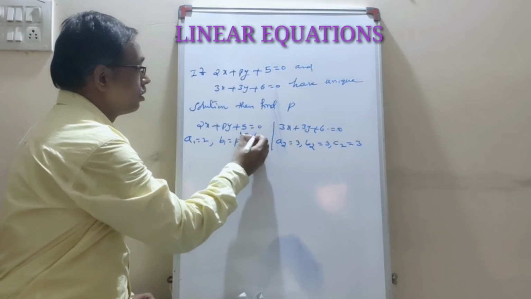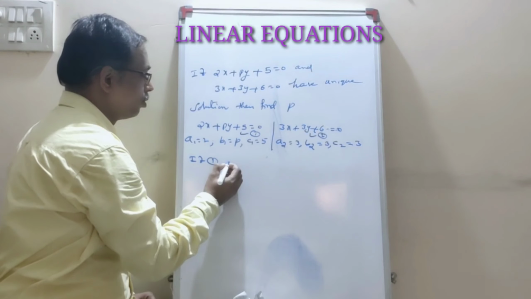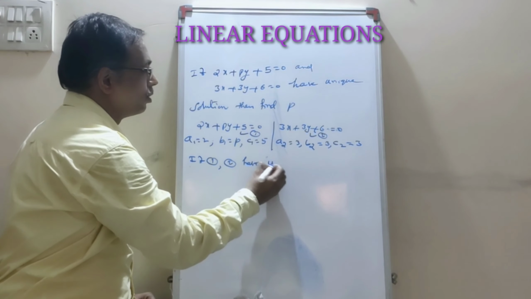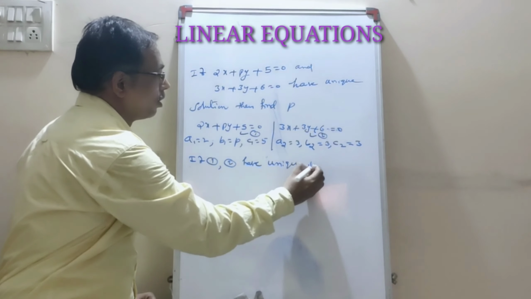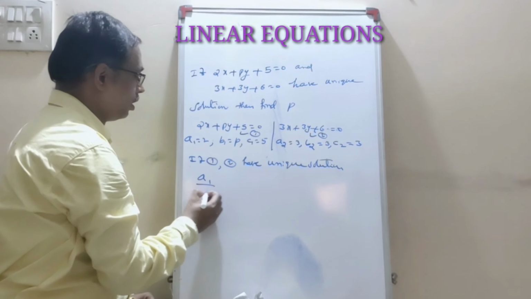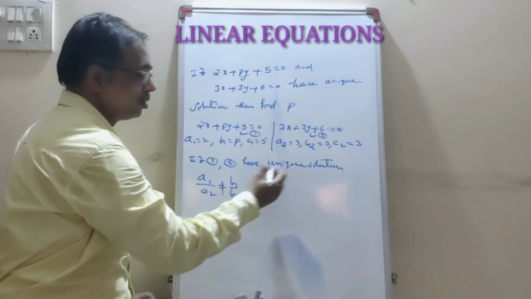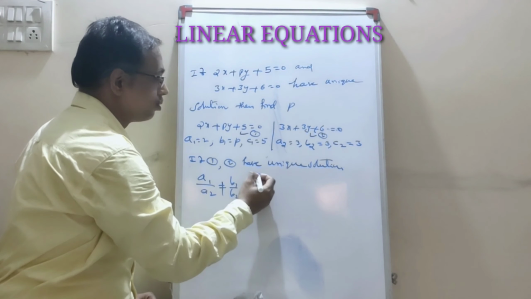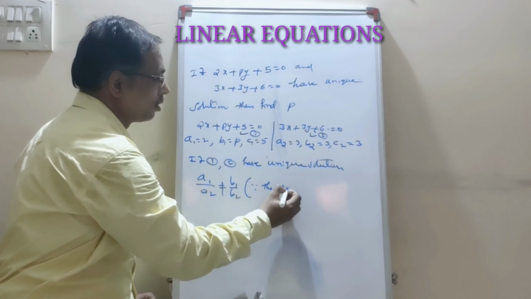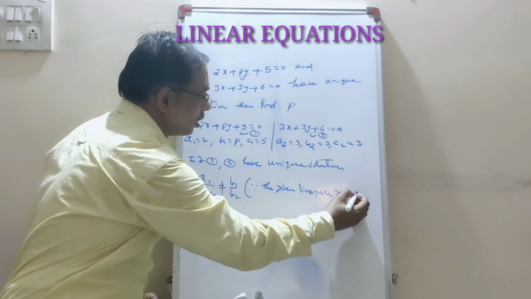Let us say this is 1 and this one is 2. 1 and 2 have a unique solution. Then we can write a1 by a2 is not equal to b1 by b2. That means the given lines are intersecting lines.